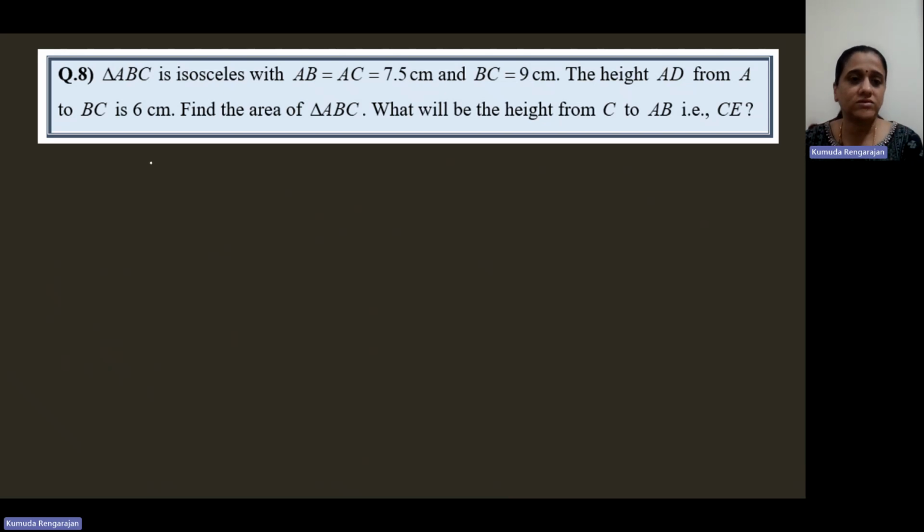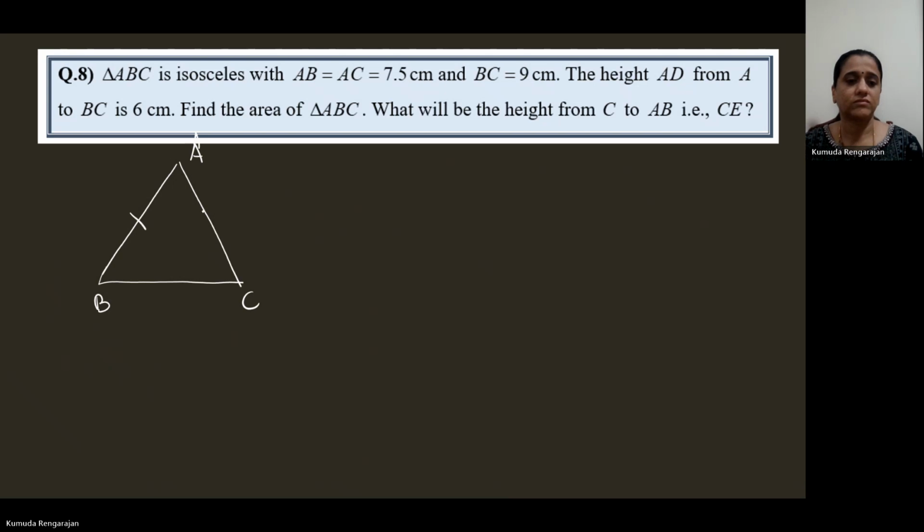Triangle ABC is isosceles with AB equal to AC, 7.5 centimeters. BC is 9 centimeters. That means the base is larger.